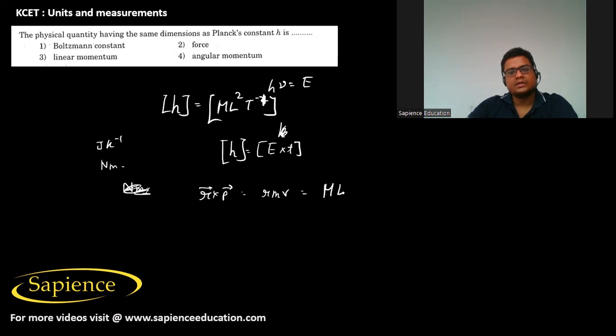So mass into L square T power minus 1. So it will be angular momentum. So option 4 is the correct answer.